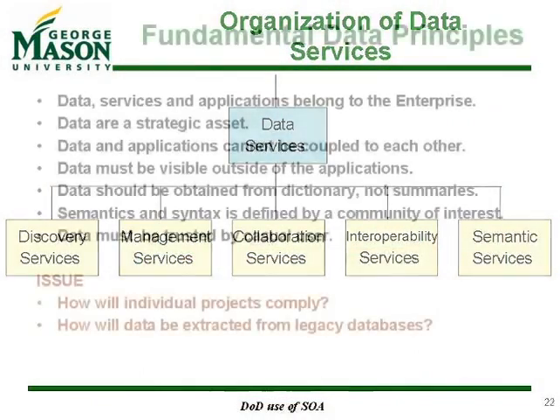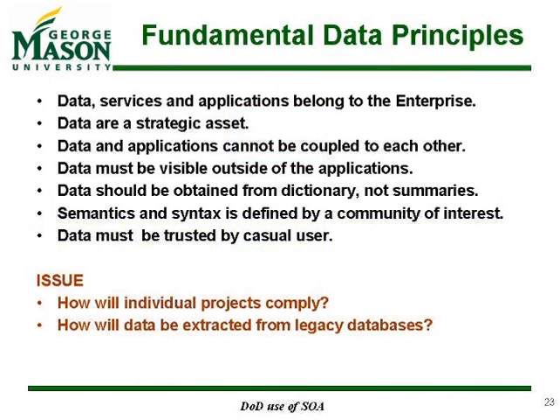It's a big deal. And that means that when you do data services, you have to follow certain principles. The first one is very important, and I want to emphasize it. Data services and applications belong to the enterprise.